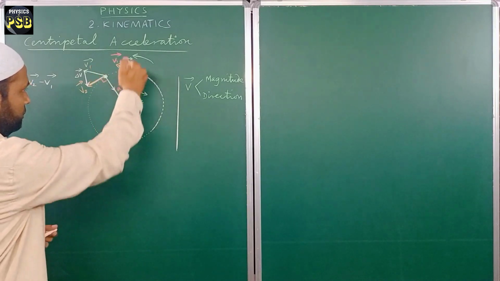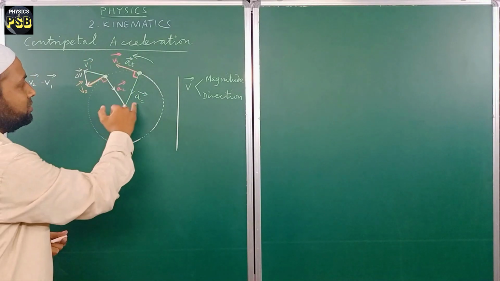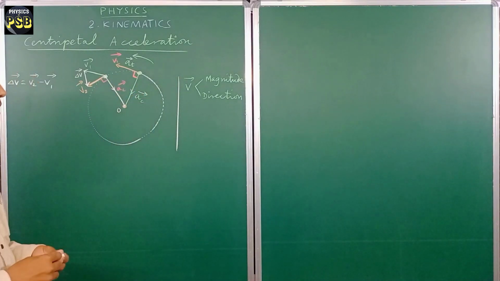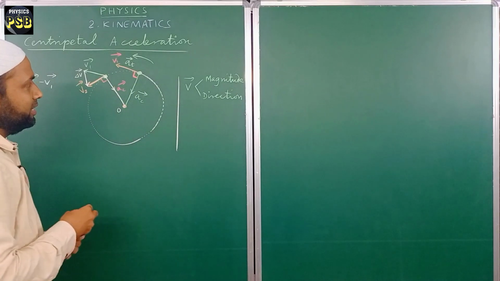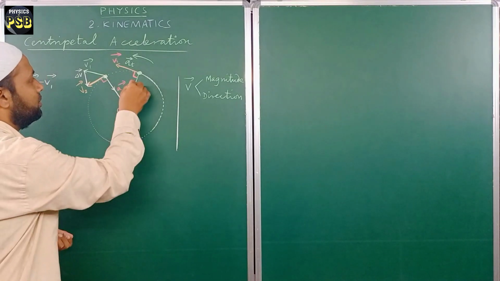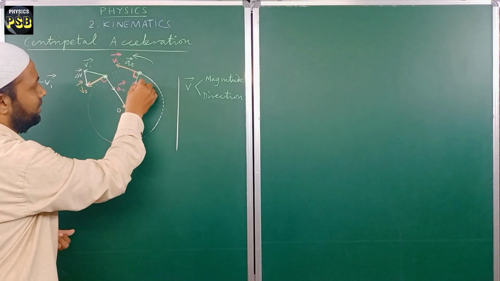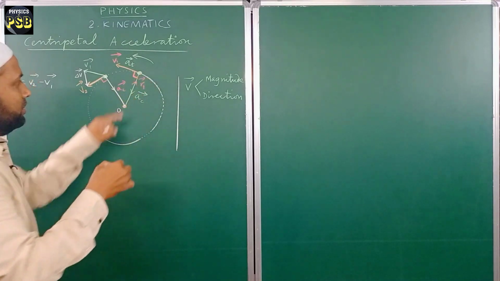In a similar way, these two lines, apart from centripetal acceleration, also represent the radius, which I take in this manner, acting in this direction. So this is taken as R1 vector.